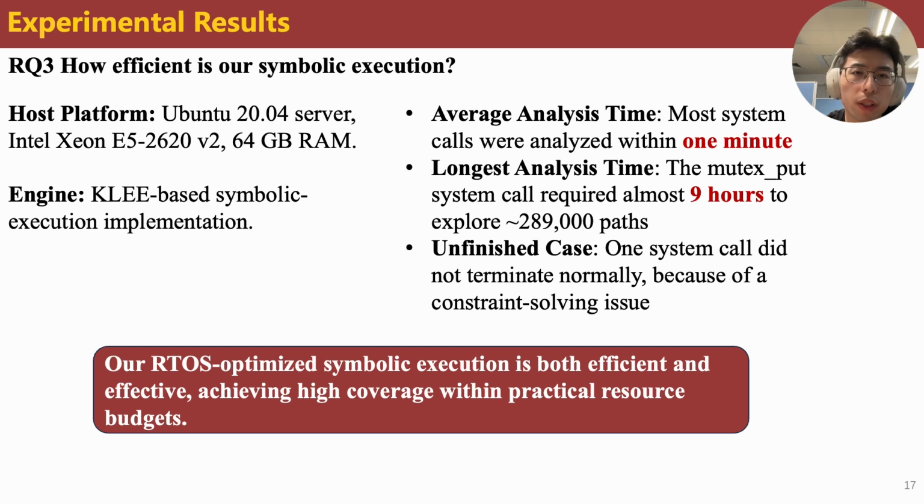And when a system call did not terminate normally, this is because of the constraint solving issues we found in this system call. There are many constraint solving problems. But overall, our approach achieved high coverage within practical resource limits.